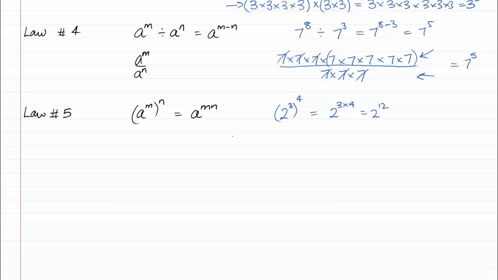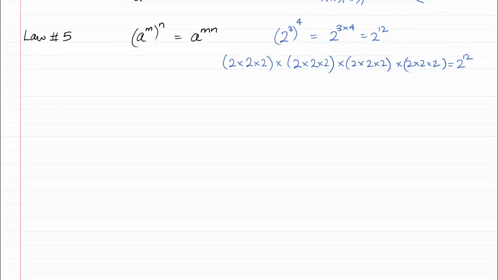And according to what we know, 2 to the power of 3 is 2 times 2 times 2, and to the power of 4 means that there are 4 groupings of this, times 2 times 2 times 2, and so on, and if you have a close look at that, you'll see that there are indeed 12 2's. So that works.